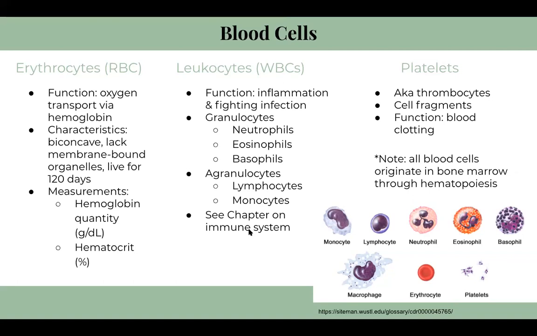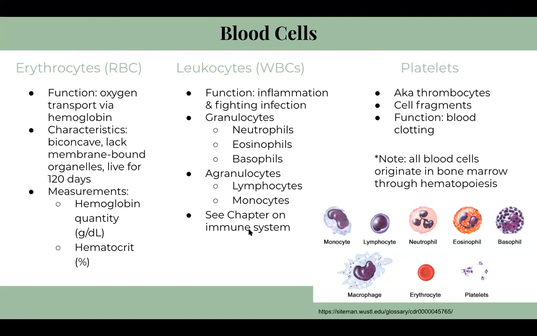So usually the other measurement is used, which is hematocrit, the measurement of what percentage of the body's hemoglobin is oxygenated and carrying oxygen, and what percent is deoxygenated. Okay, so that's that for the red blood cells.